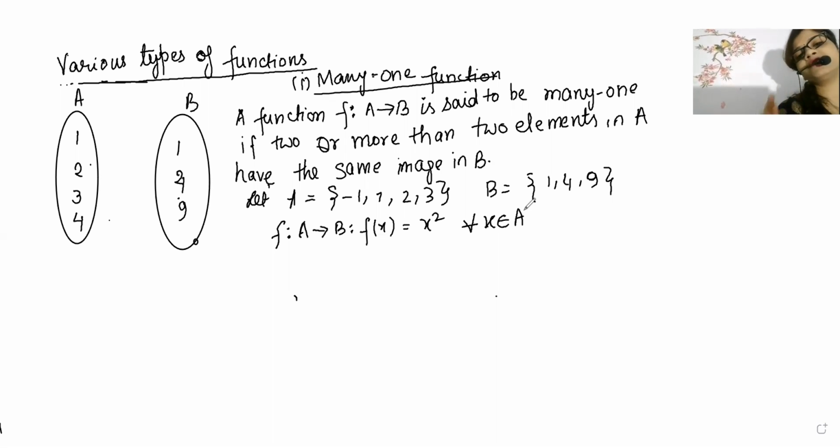So here I have done that only. Whatever x is coming, that is coming from A, is exactly a domain element. I repeat, it is exactly a domain element. Fine.